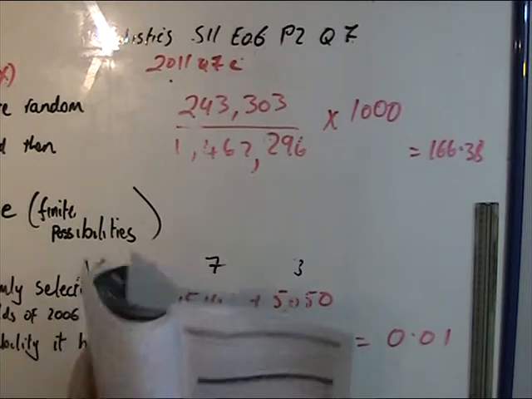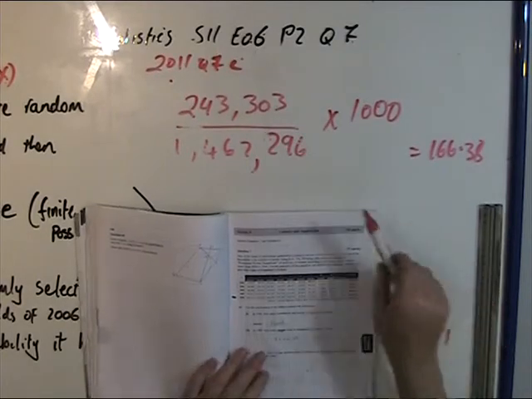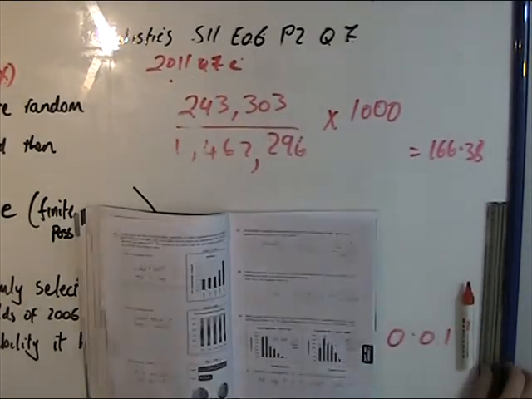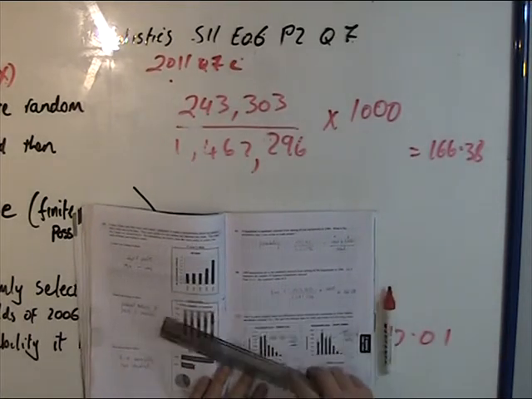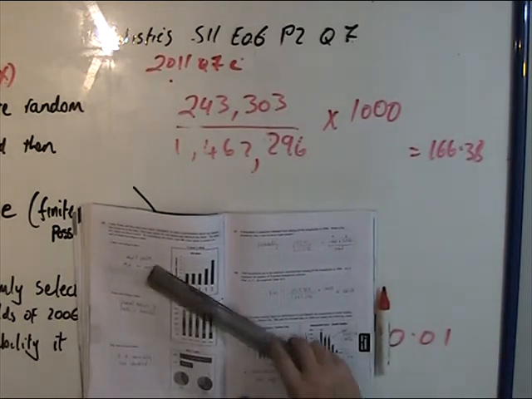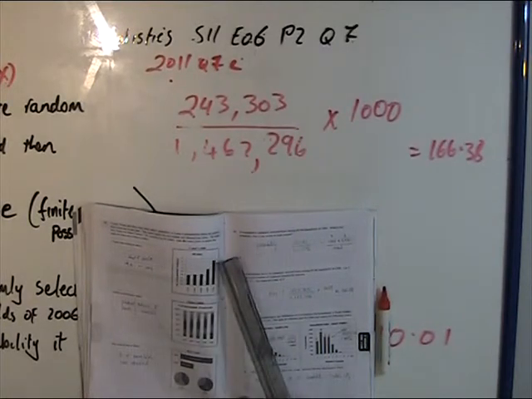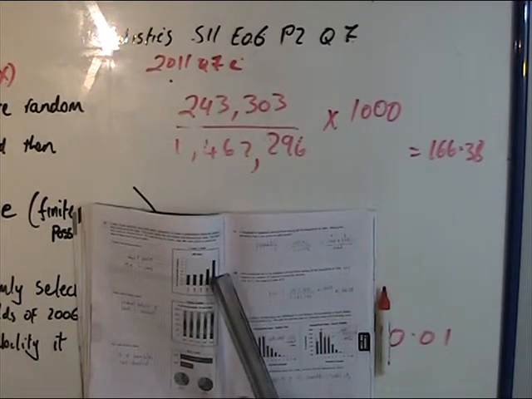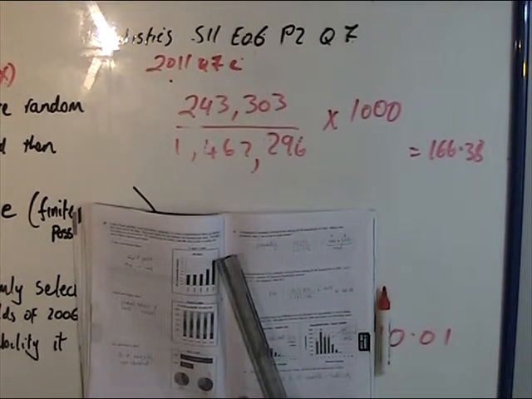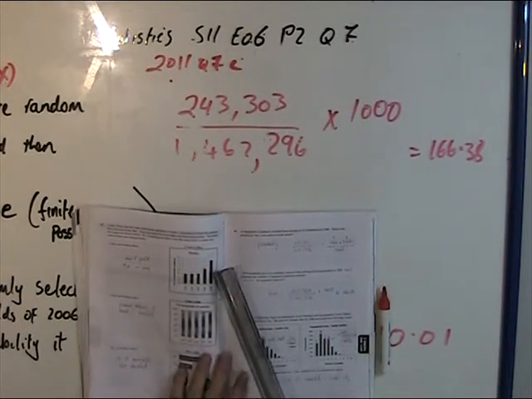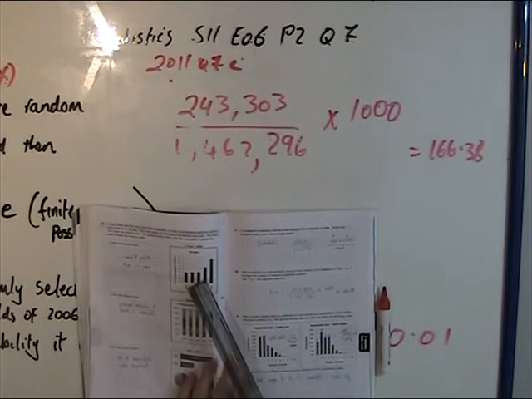Now question 7C 2011 is quite interesting. There are a few things here, but you have to look at them to find them out. Conor was showing rapid growth, as you can see in the bar charts. This is a bar chart, not a histogram. This is 2006, and this is 1926.